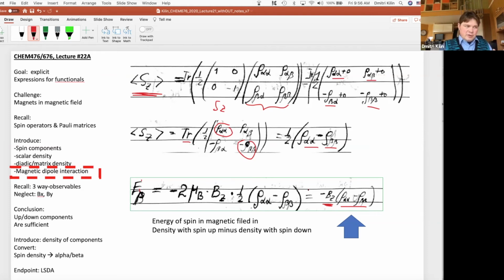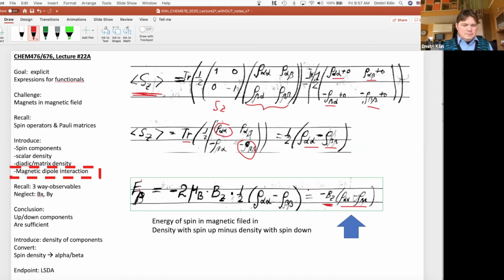I understand your question, but the logic goes the other way. If we compute the number of electrons with spin up and the number of electrons with spin down, or the density of electrons with spin up and spin down, and then we subtract these two things, if this subtraction is zero, then as a consequence the system will be non-magnetic. If it is non-zero, then the system exhibits magnetic properties.